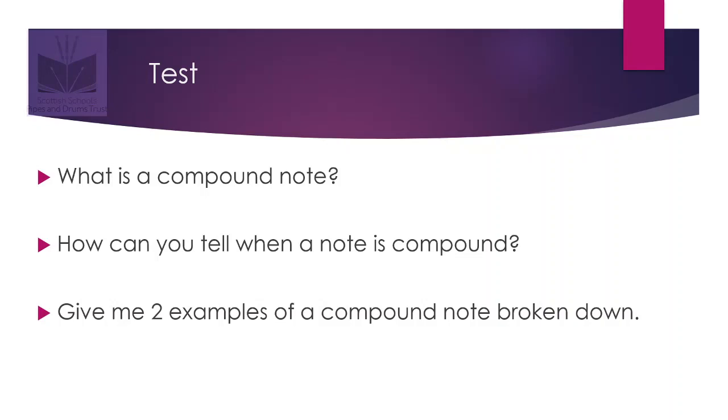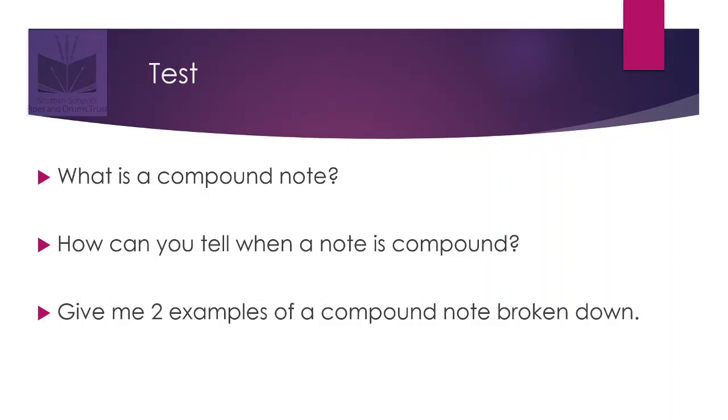You could potentially draw a dotted crotchet. A dotted crotchet broken down is basically 3 quavers, like we've seen before. A dotted quaver broken down would be 3 semiquavers. So it's almost like you're splitting the note in half, but adding that extra note.